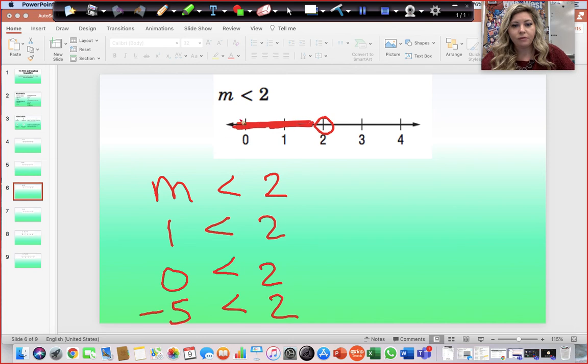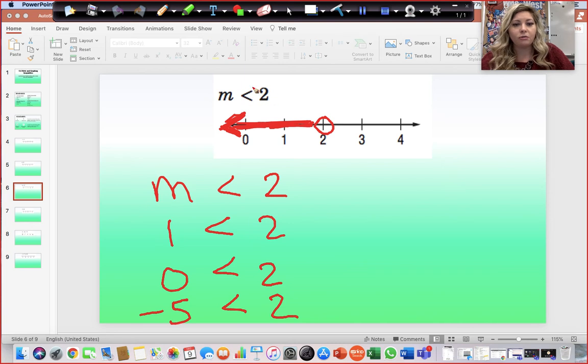Okay, I did say that I was going to show you guys a trick on which direction you're shading in. If the variable, remember variable is a letter, if the variable is on the left side, meaning it's on this side, not over here, whatever direction your symbol is going, that's the direction your arrow will go.